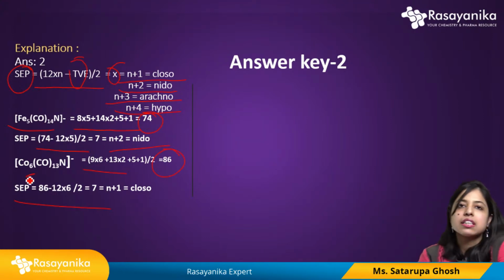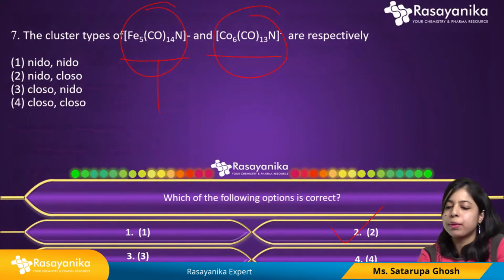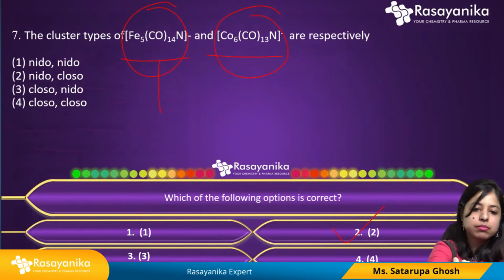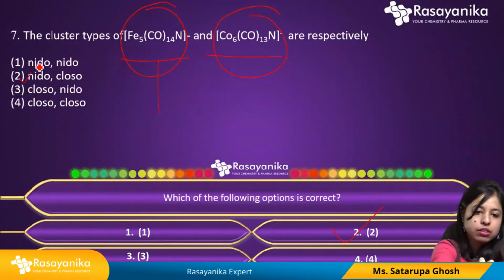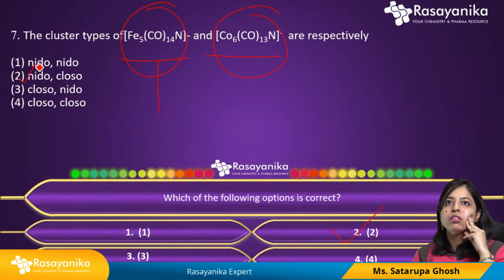Because you have 6 vertices here. Solving this equation, you will get 7, and now it is N plus 1, because your N is now 6. So it is closo. Look at option number 2: nido and closo, right? Option 2 is the correct option.